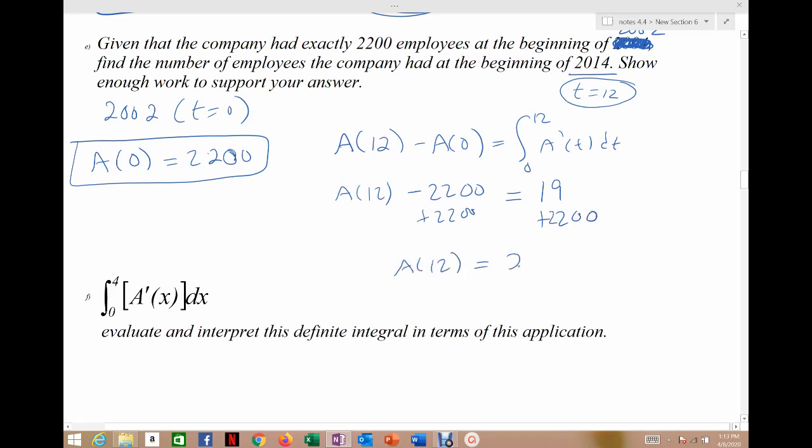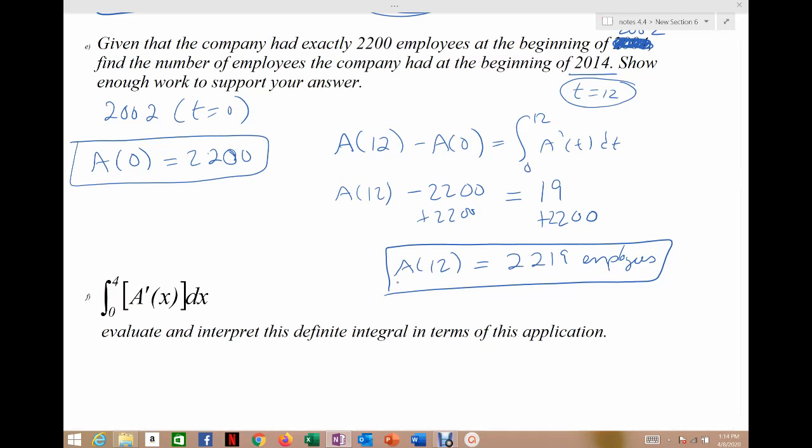At the end, there should be 2,219 employees. They might not be the same 2,219 employees, because remember, we hired people and fired people at different times throughout the year. But at the end of 12 years, the net total was a gain of 19, and so now they have 2,219 when they started with 2,200.